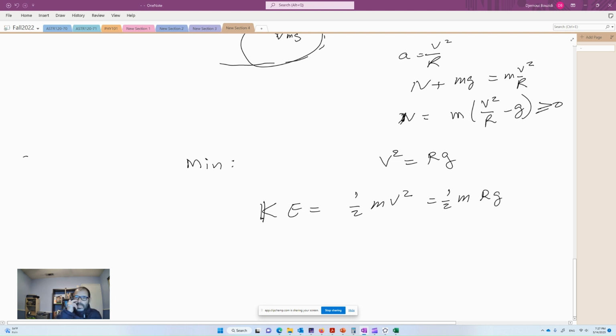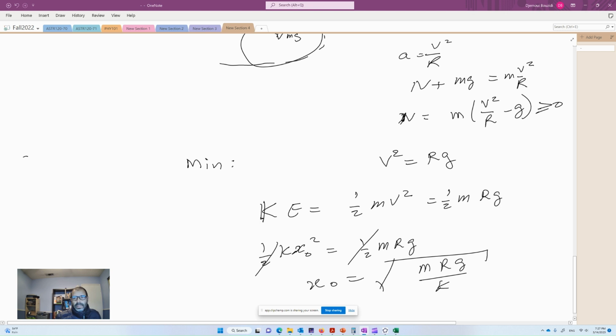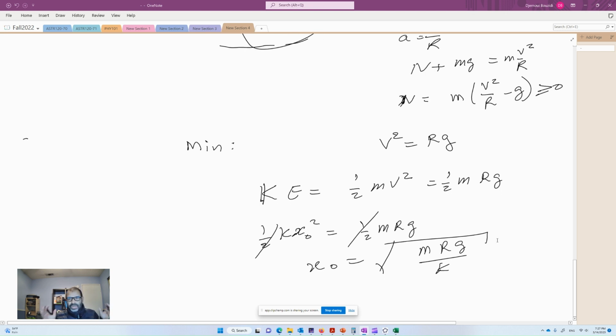So this is the minimum kinetic energy that it needs, and this kinetic energy was the potential energy in the spring, 1/2 of k x naught squared. So this must be equal to 1/2 of mRg. From here, we can find the value for x naught, cancel the 1/2 from both sides, equal to the square root of mRg divided by k. So this is the minimum compression of the spring that you need in order for it to make it on the loop.